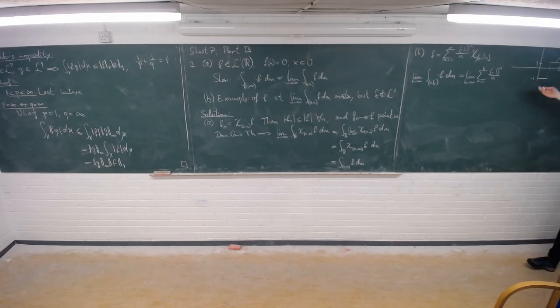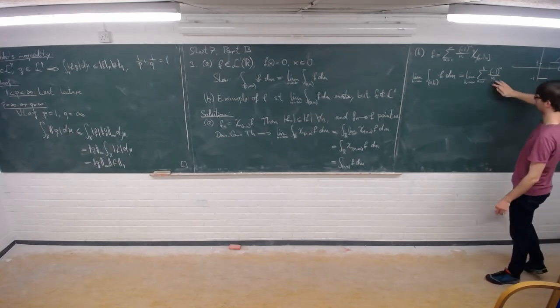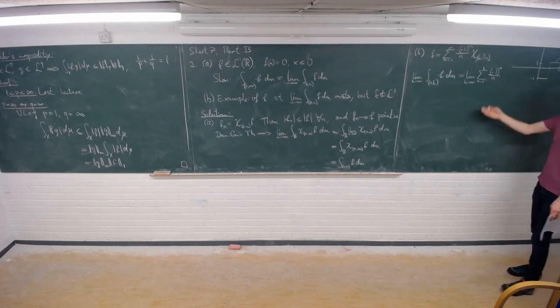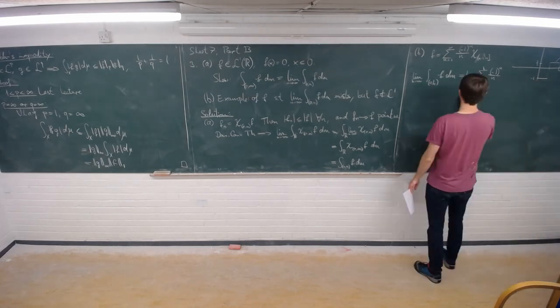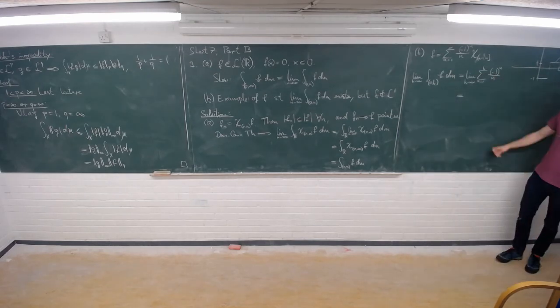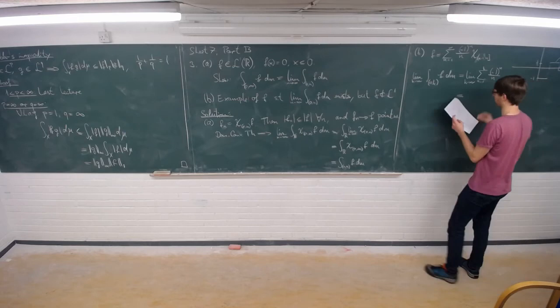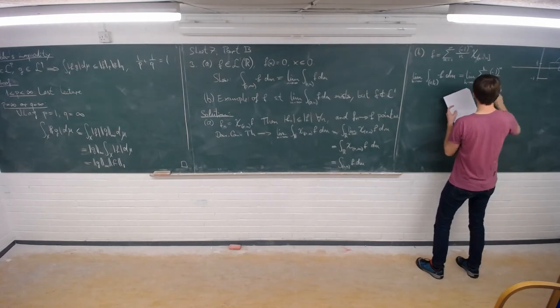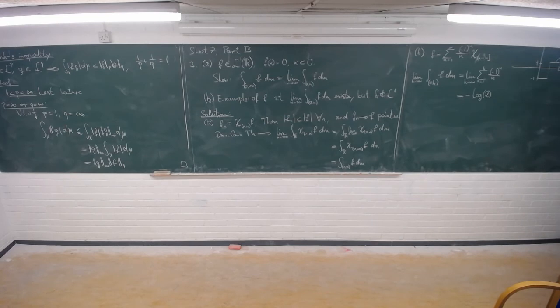Okay, and this is just the alternating harmonic series, which we know from real analysis. So first we know that this limit exists, and you can even look up the value. It's minus log 2. So it's definitely finite.